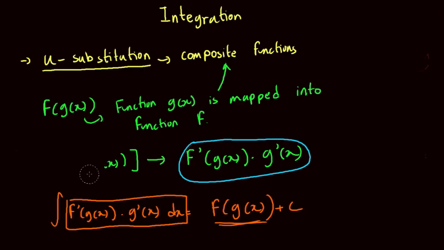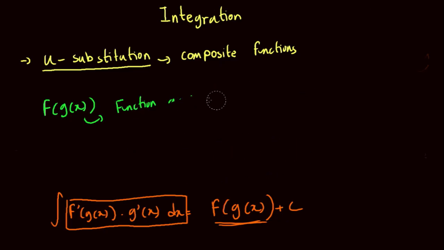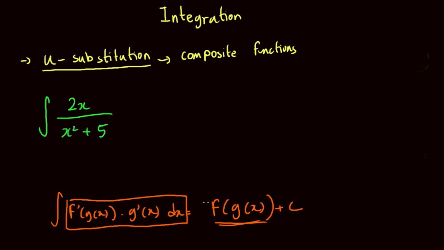Let's say, for example, we have an integral of a composite function that looks something like this. It's just 2x over x squared plus 5, right? Which looks like this, by the way.